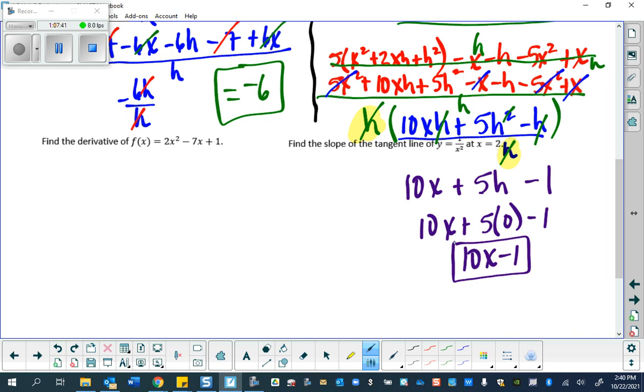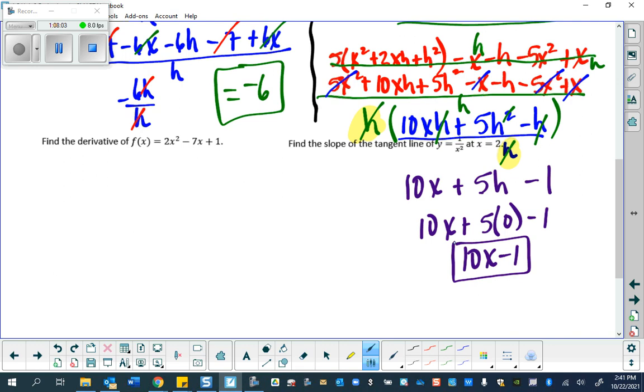How crazy is that? Wait a minute, stop and think about what you just got. Your answer was the equation of a linear line. It's this tangent line. The derivative is the line tangent to the curve at that point. So you're like, what is my instantaneous rate of change? You're like, I don't know what x you're talking about. You're like, this one.